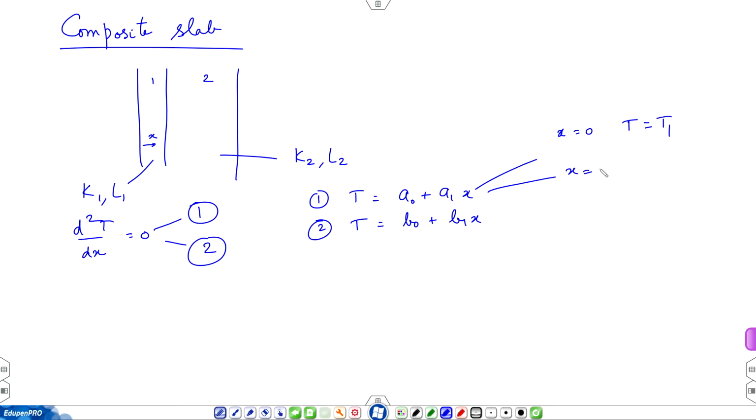Then x equal to L1, temperature is continuous, that means T minus is equal to T plus. Then x equal to L1 plus L2, T is equal to T2. The boundary conditions at L1 are the interface boundary conditions.